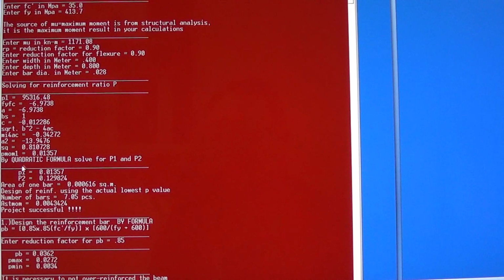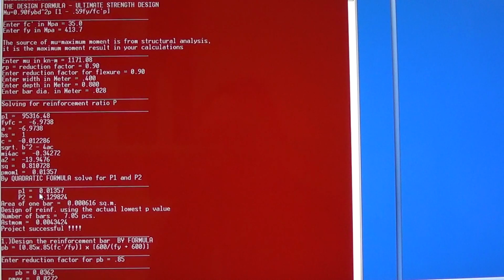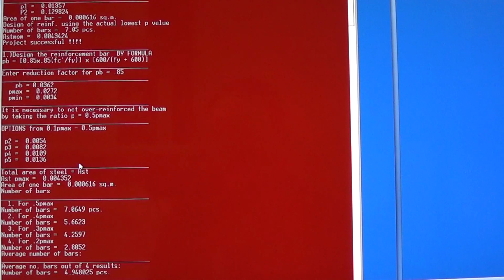See, this is a coincidence that the P by formula right here is also equal to 0.0136. This seldom happens, so that's why using the formula also gives out the same number of reinforcement bars.